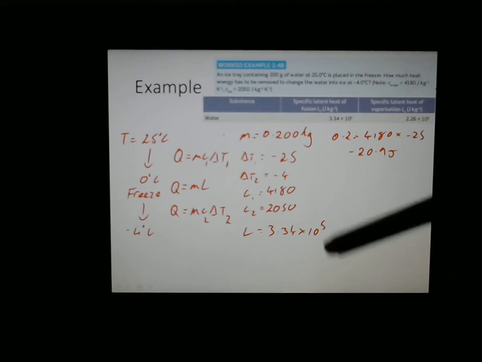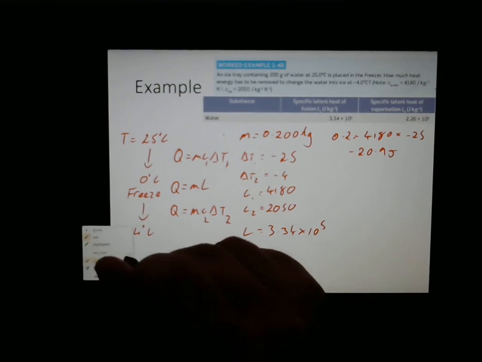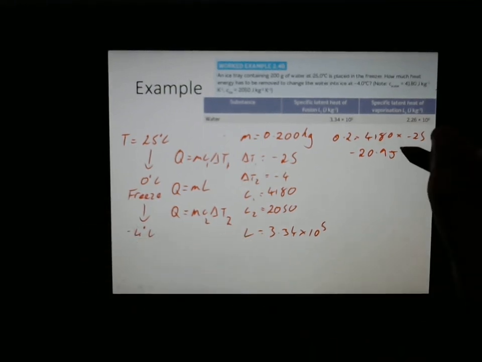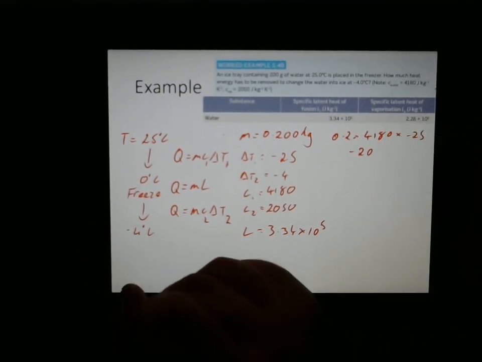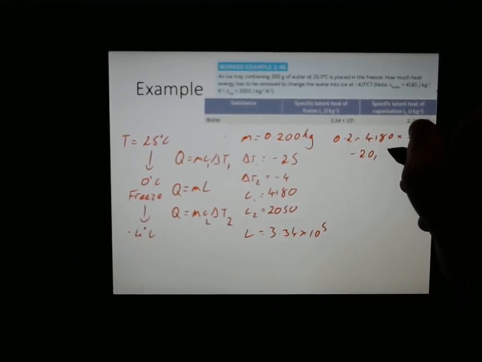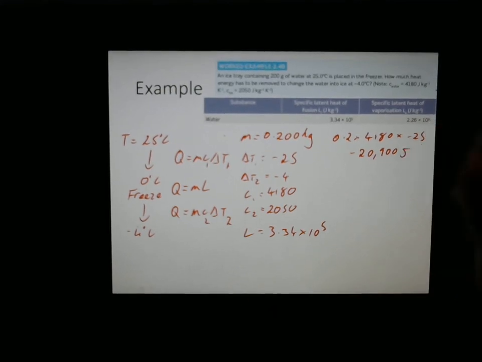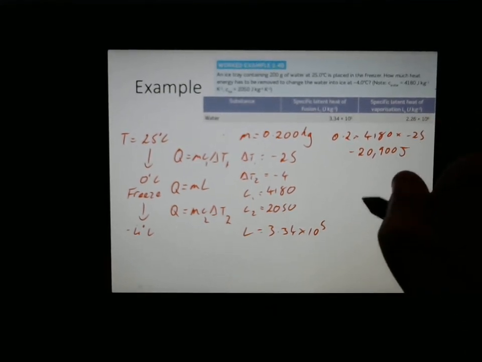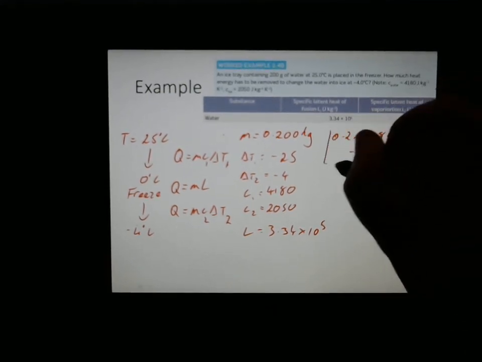Oh, no, sorry, that is a comma then, not a decimal. It's a little bit dark in my office tonight. -20,900 joules.